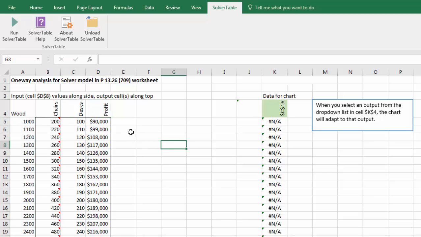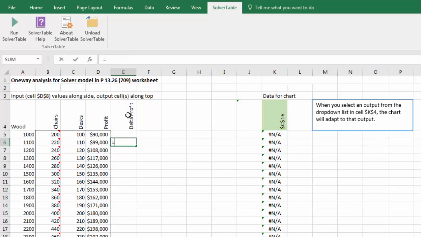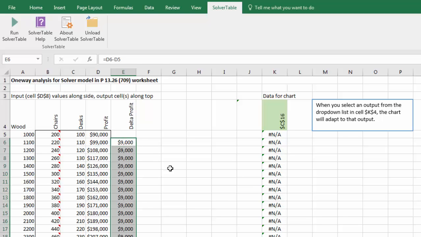And one thing the book does is just calculate the change in profits. So we'll call this delta profit, by subtracting the previous level's profits from this level. And that's pretty useful to do. We fill that all the way down, and we see that profit increases steadily by 9,000 as we get an extra 100 units of wood.